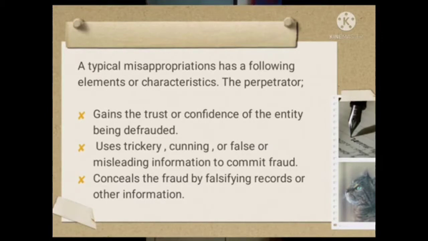So, gaya ng ginawa ng manager sa example na he faked the signature on the invoices for services na never pa na perform. Conceals the fraud by falsifying records or other information. So, like nag-record siya ng account payable na wala naman talagang account na babayaran.